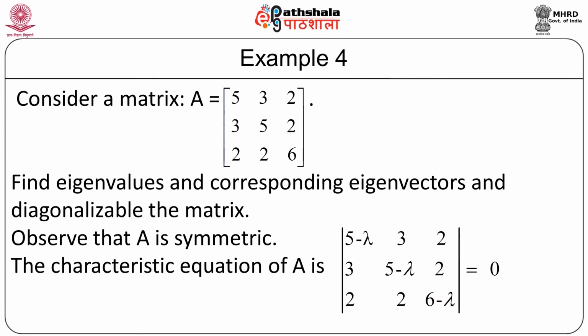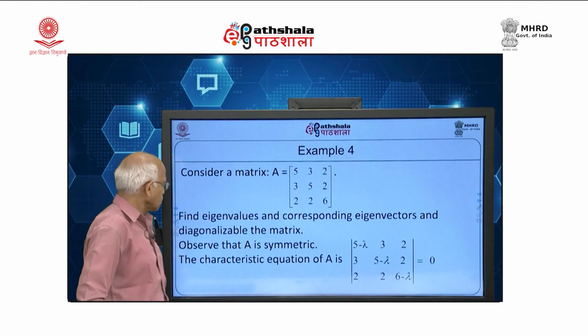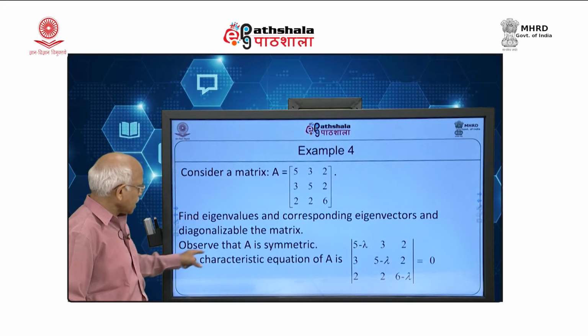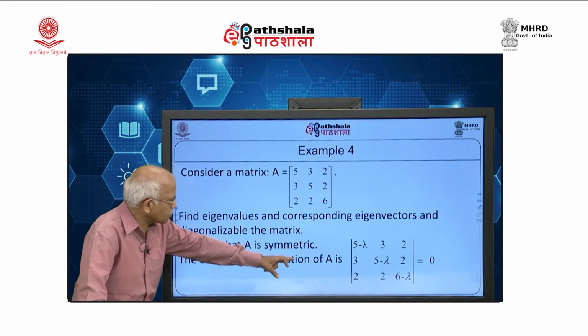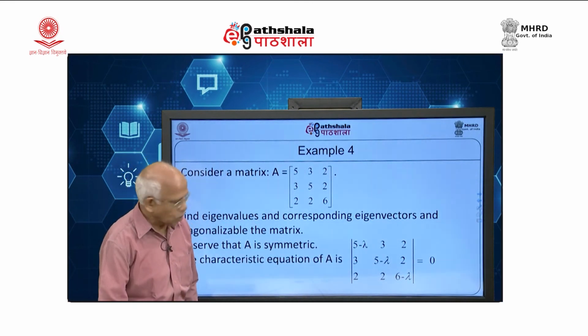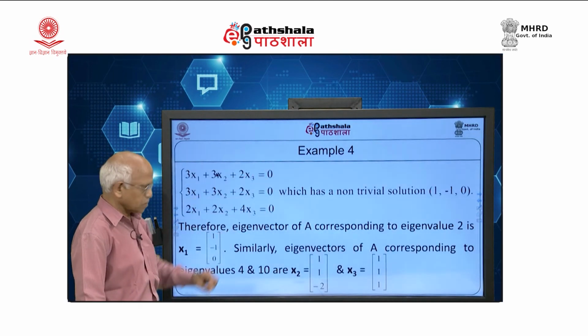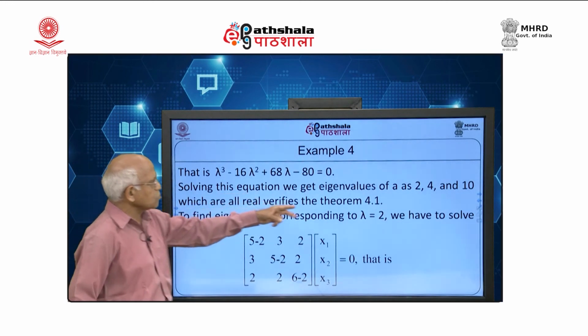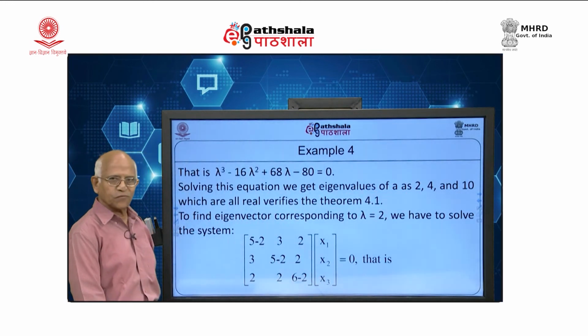Find the eigenvalues and the corresponding eigenvectors of this matrix, and we will diagonalize the matrix A. The characteristic equation of A is this. If you solve that equation, we will get eigenvalues 2, 4, 10, which you can verify.